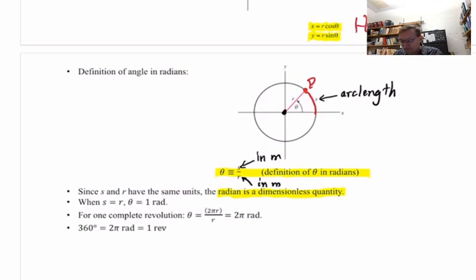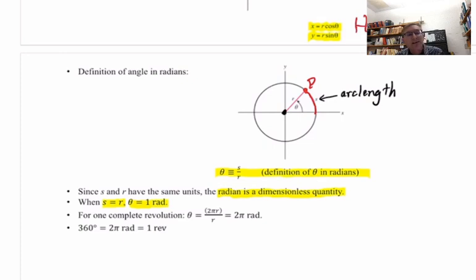Okay? Note something. If you have the special situation where the arc length s, in a picture like I've drawn up there, is exactly equal to the radius r, you could contrive it to be that way if you wanted, then by definition, the angle theta would be exactly 1 radian. And in fact, we can figure out how big 1 radian is in degrees.